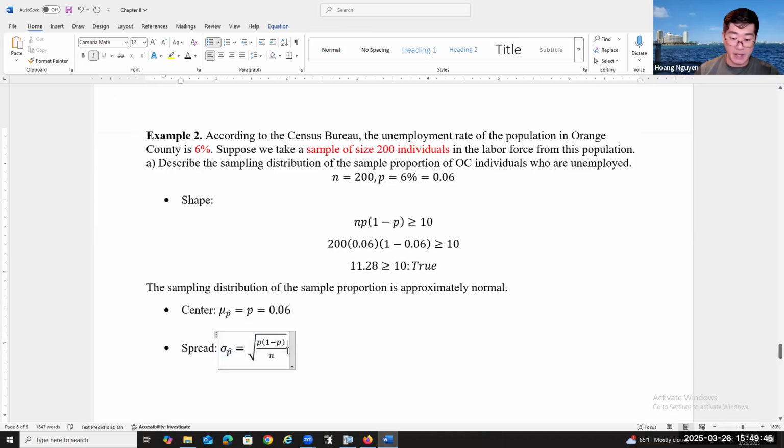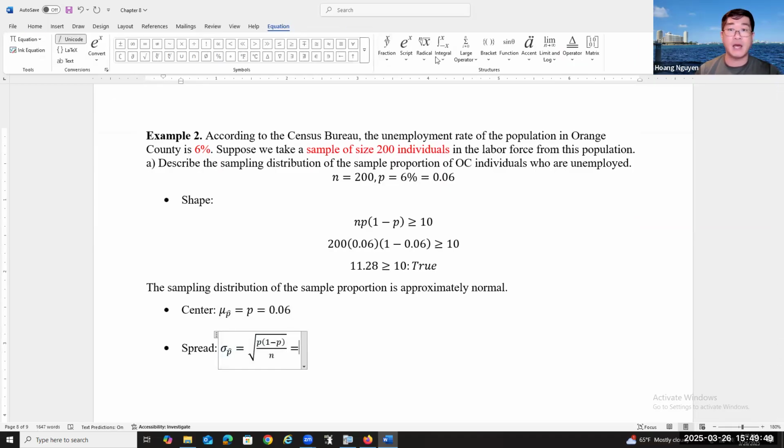Now we know n, we know population proportion P, so we can plug in everything for this calculation, right? So this is the square root of, on the numerator, the population proportion 0.06 times 1 minus 0.06, divided by the sample size n equal to 200.